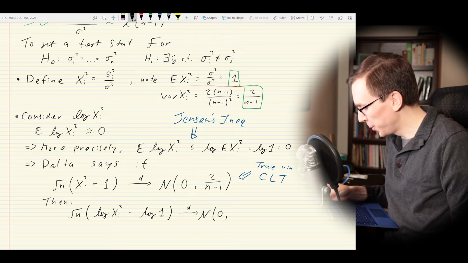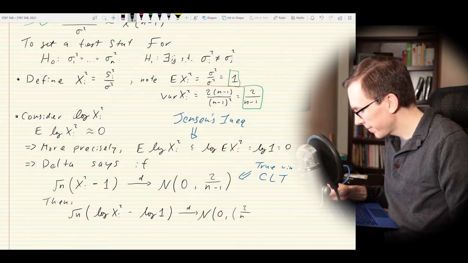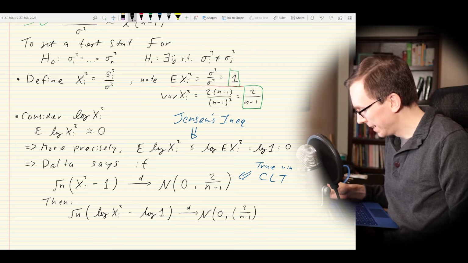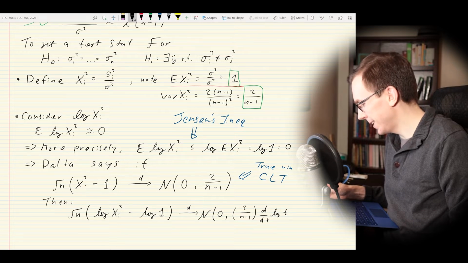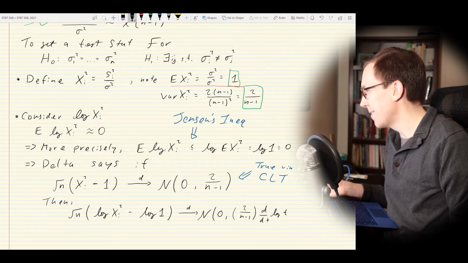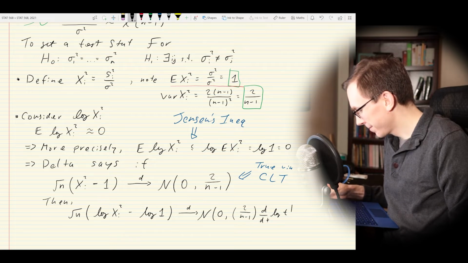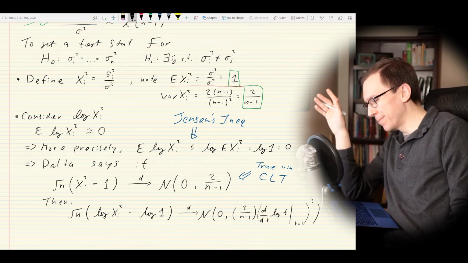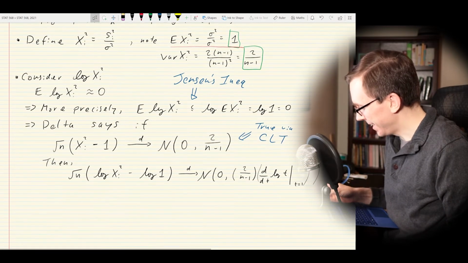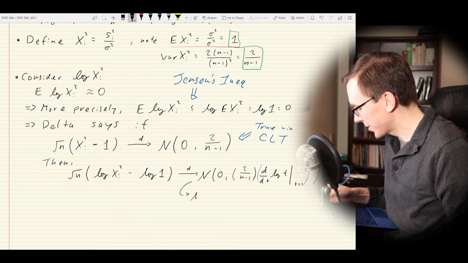You get the old variance, and then you have to multiply by the derivative of log t evaluated at 1, the expected value, and then this whole thing is squared. But luckily, that's just going to be 1. It's a terrible thing to write down here, but this is actually just going to be normal 0, 2 over n minus 1.